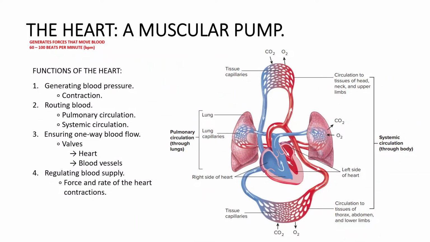So there are four major functions of our heart. We've looked at the functions of the blood, if you recall. The functions of the heart are more or less different from the functions of our blood. And one of the functions of the heart is generating blood pressure. And how does the heart generate blood pressure?